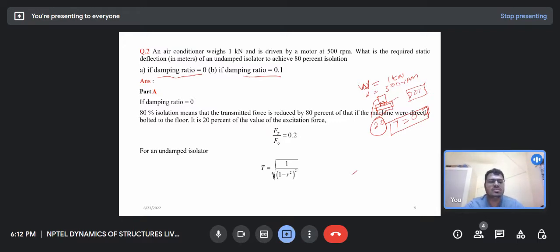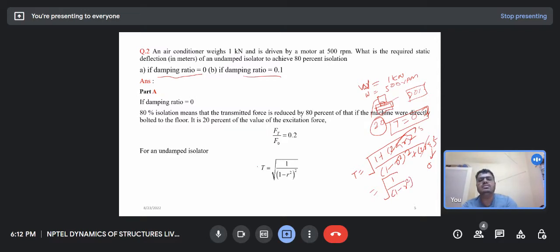Else, transmissibility is equal to square root of (1 plus (2 xi r) square) over ((1 minus r square) whole square plus (2 r xi) square). If you put damping as 0, then this term diminishes, so only 1 over 1 minus r square is left. So you have transmissibility T equal to 0.2. Can you find out the value of r? Can you give a try?